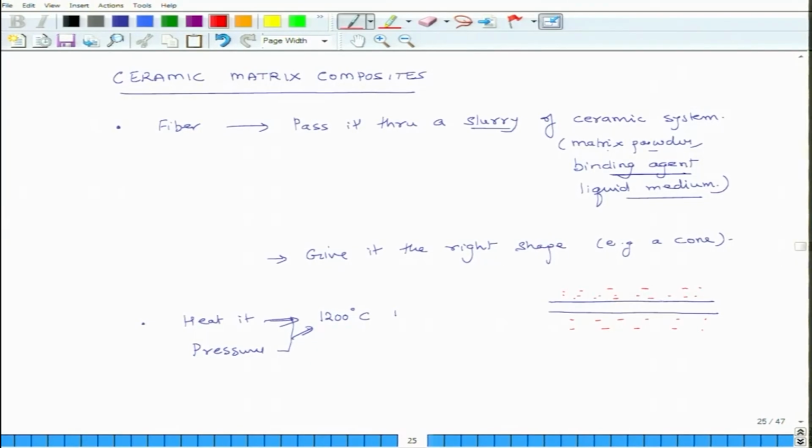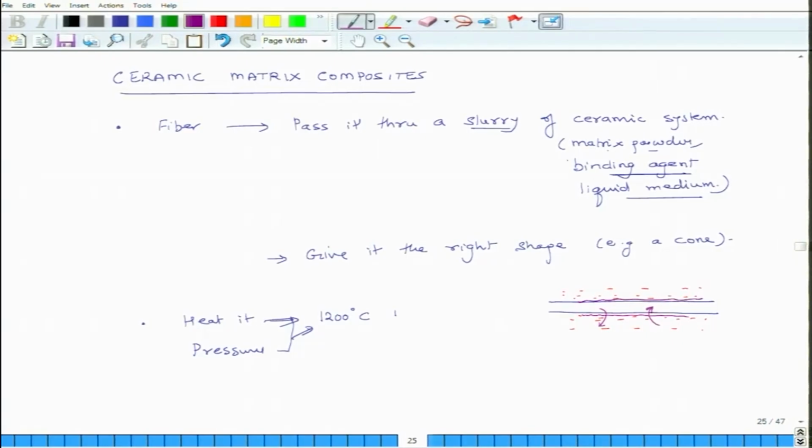At elevated temperatures, there is diffusion of the fiber material into the matrix, and matrix material into the fiber, and diffusion becomes fast at higher temperatures. Once that diffusion happens, a bond gets developed at the interface.